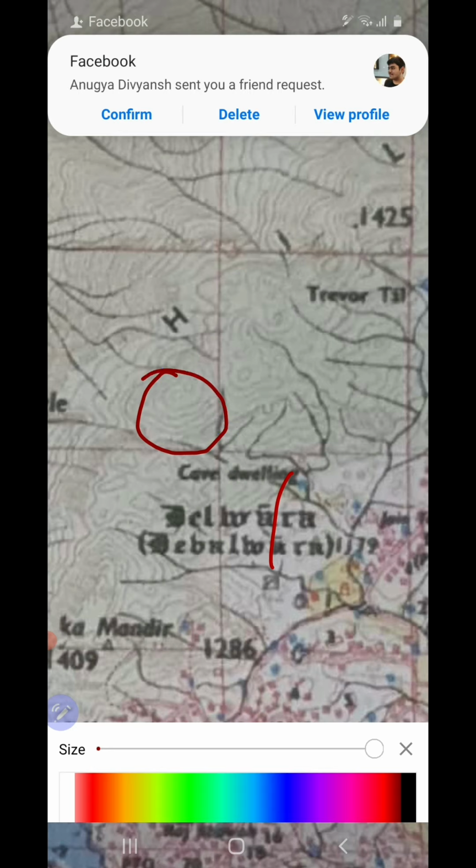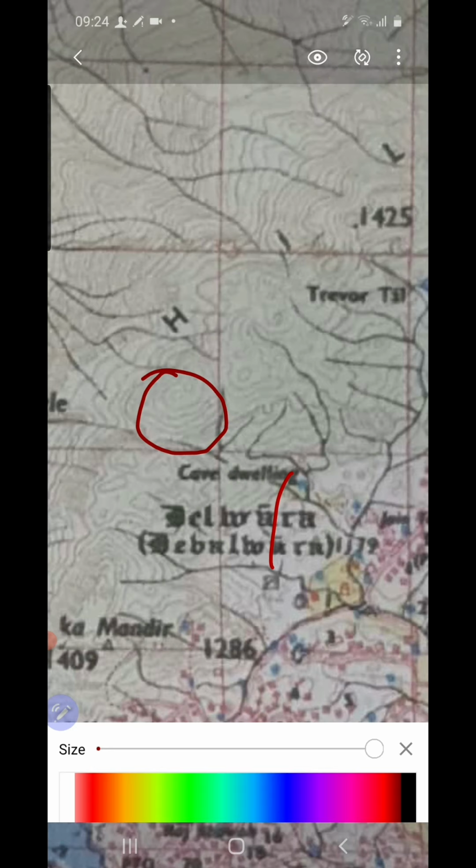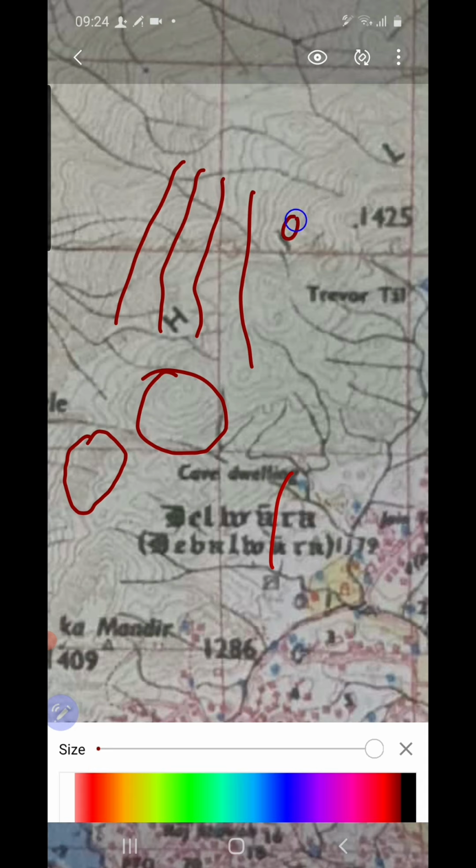At the same time, in some places you find contours that are very close by. So whenever contours are spaced far apart, the slope is gentle. Whenever the contours are spaced very close by, we call it a steep slope.